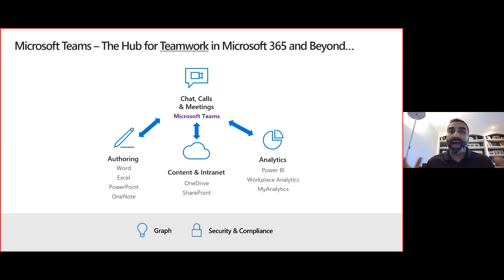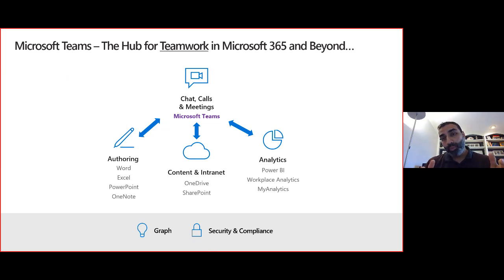So you can get the power of Flow and the power of Forms and the power of Planner and the power of access to documents and OneDrive and sharing and co-authoring and co-editing and Power BI, all viewed inside this one simple compliant digital hub called Teams.